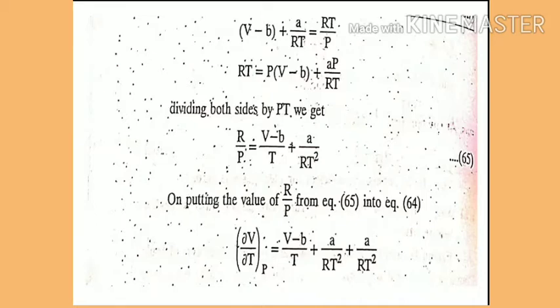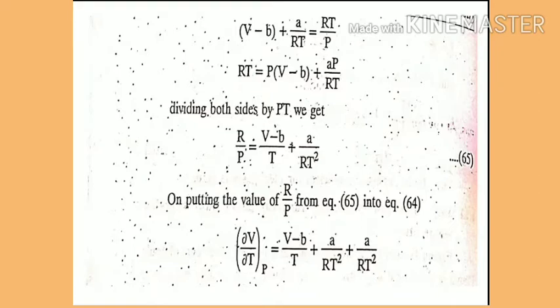Multiplying by P and dividing both sides by PT, we get R upon P is equal to V minus B upon T plus A upon RT square.